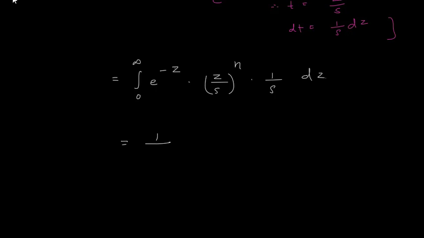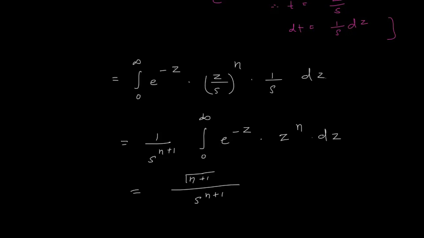So 1 upon s power n plus 1 goes out and we have integral from 0 to infinity of e raised to minus z into z raised to n into dz. Now by using the beta gamma function we can write this whole part as gamma of n plus 1 whole divided by s power n plus 1.